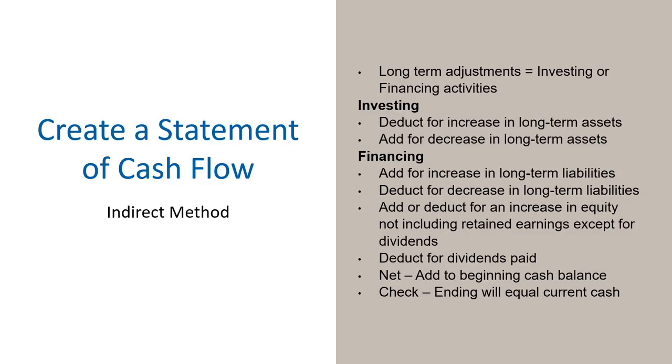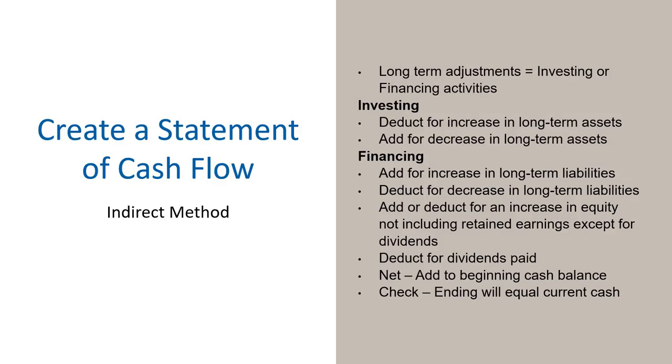So investing is deducting for the increase in long-term assets, or I add for a decrease in long-term assets. Financing is the result of my long-term liabilities or equity. So financing, I add for an increase in long-term liabilities, deduct for a decrease in long-term liabilities. I add for an increase in equity, and I deduct for dividends paid, which results from retained earnings.